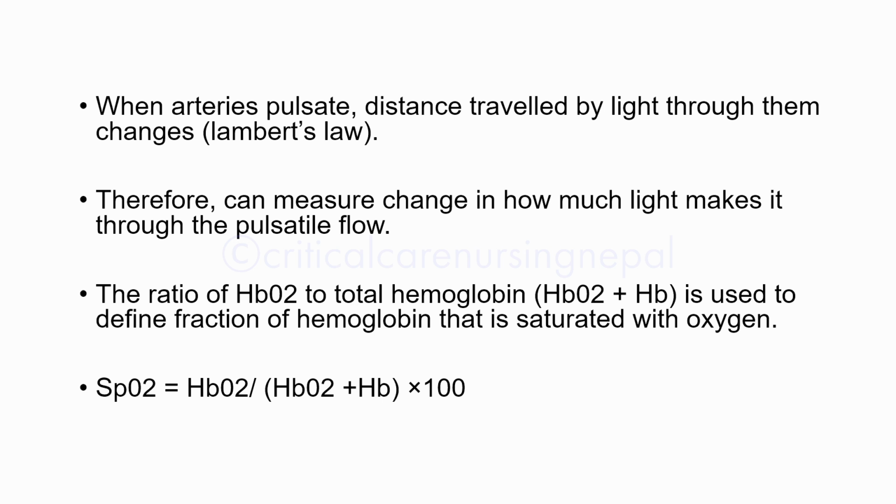So remember, pulse oximetry provides a calculated value. It's not a direct measurement, and the calculation assumes only two species of hemoglobin, oxygenated and deoxygenated. Other than these, it cannot provide accurate information. That will come up in the next slide also.